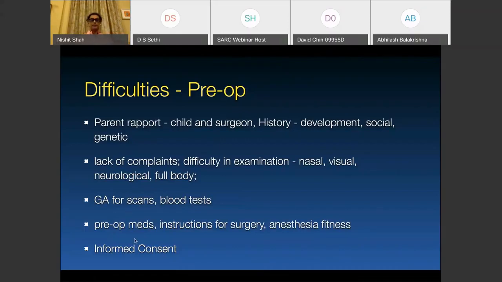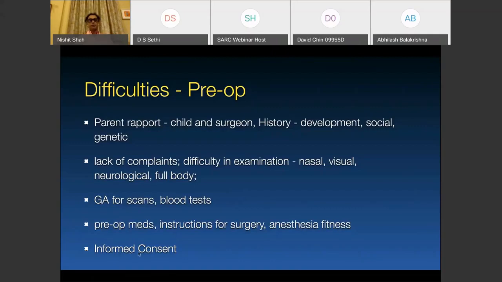Instructions for pre-op medicines and surgery are very important, and the parent must be explained what is involved, what kind of medicines, what dosage, the timing of the dosage, fasting required for surgery, and this will depend on the age of the child, and of course, anesthesia fitness. Generally speaking, when we are operating on infants, we have specialized pediatric anesthetists, but otherwise we have a regular anesthetist who is happy to work with children.